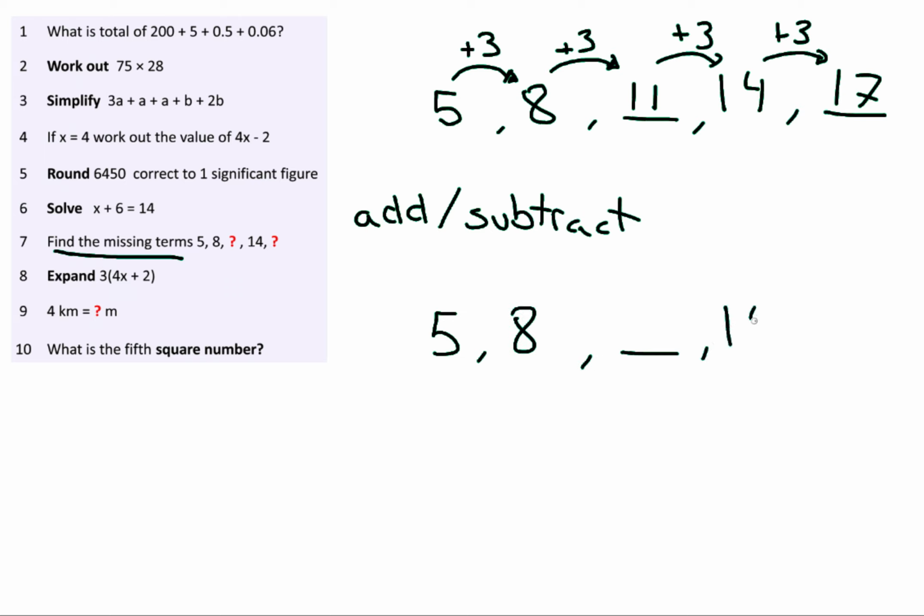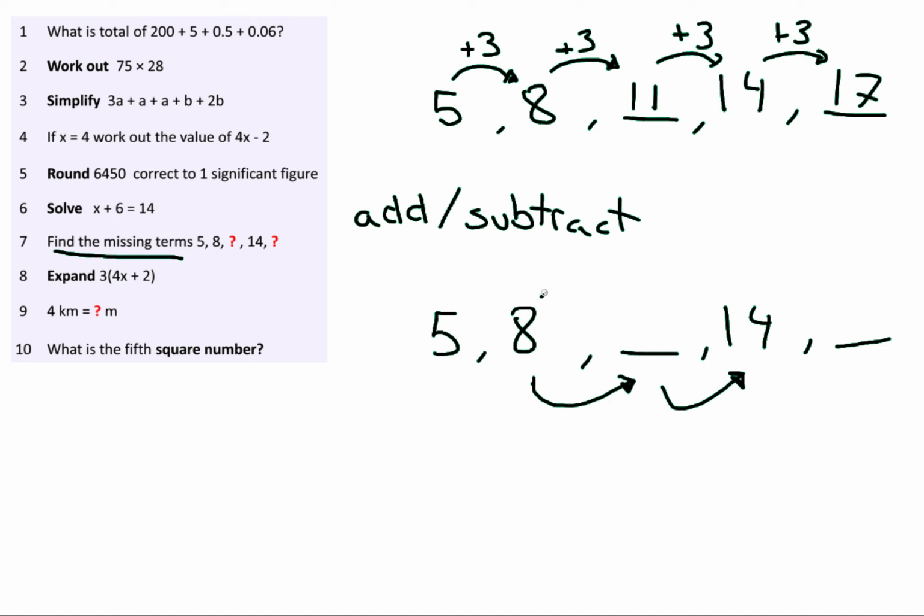Another way could be, this is my sequence. We have to add one quantity here, and then we have to add the same quantity to get to the other number. But we know the difference between these two numbers.